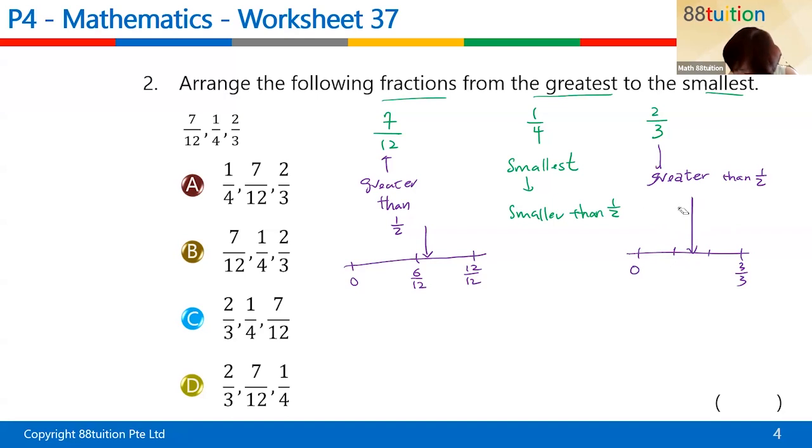Where is 2/3? 2/3 is somewhere here. This is 1. So again, this is also greater than half, because this 2/3 is here. So 7/12 is here, right?